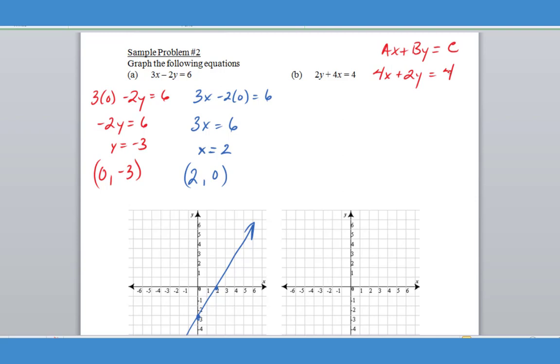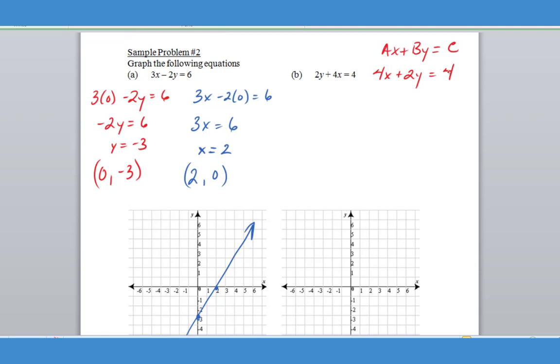Now, the other thing that could be very useful here, if you don't like the bigger numbers, is every one of them has a multiple of 2. So you could technically divide 2 across the entire equation and reduce the values of your coefficients.